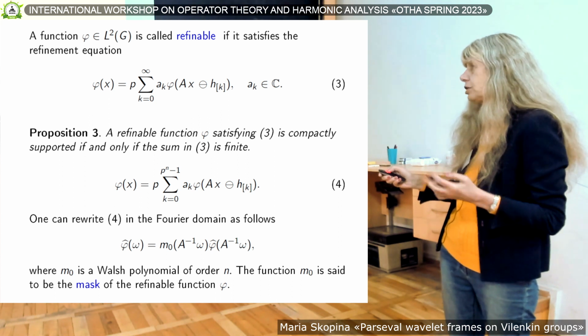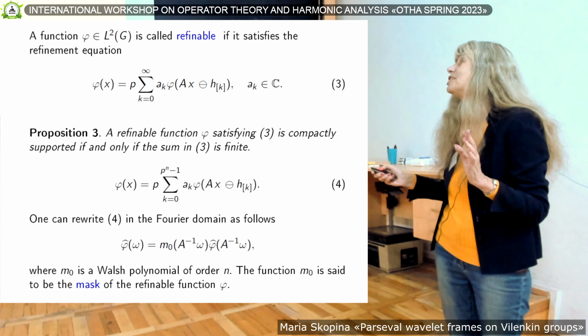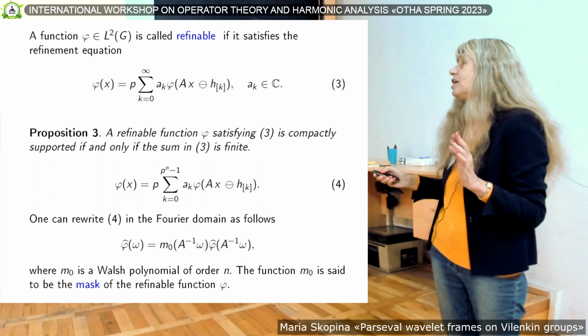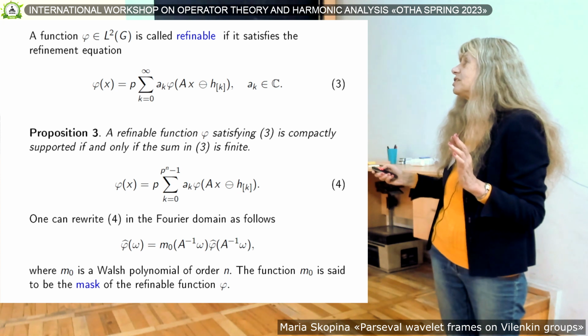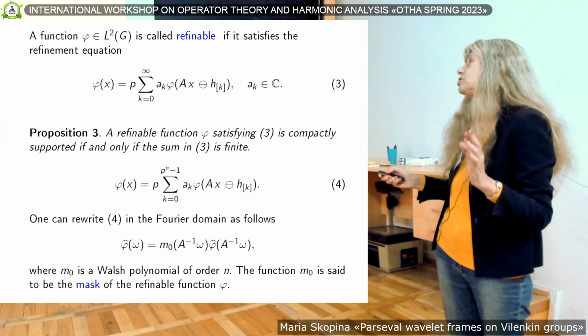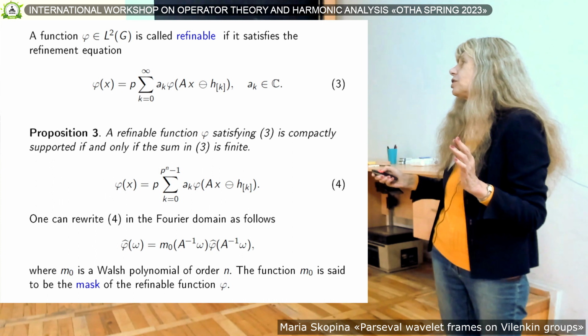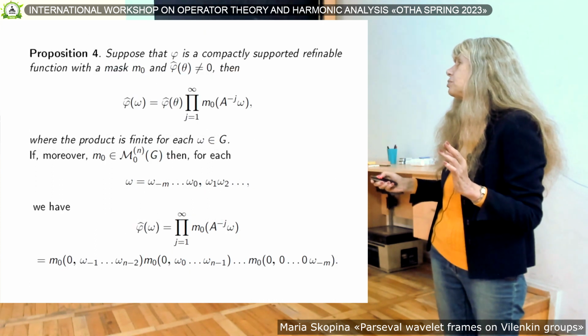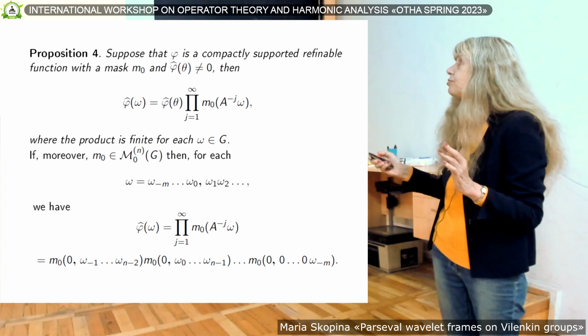It looks like this, more or less the same as in usual analysis, in the real setting. And here, these are Walsh polynomials. In usual analysis, these are trigonometric polynomials. M0 is called the mask of the refinable function.